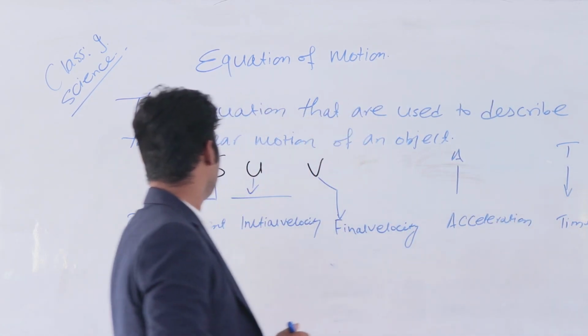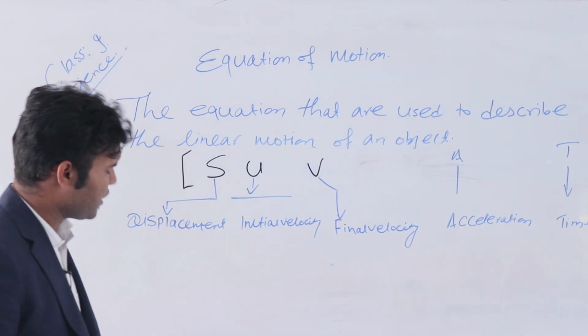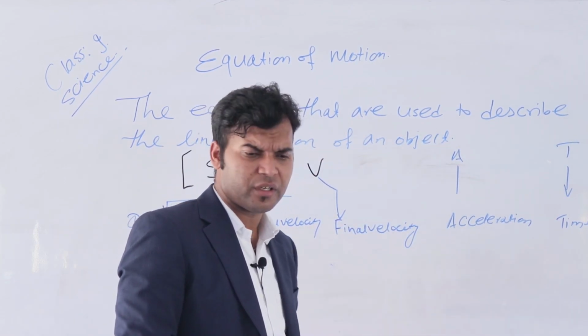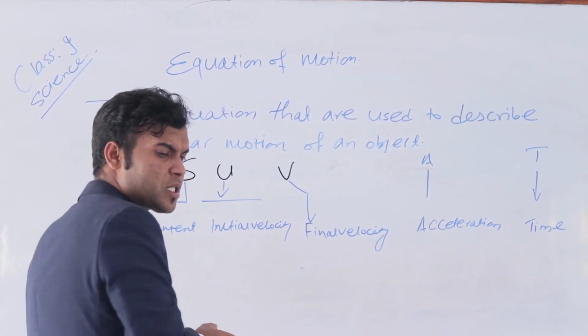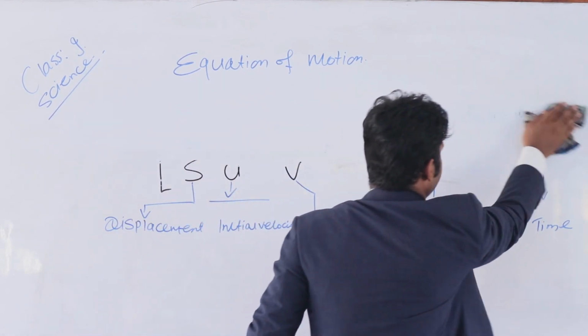You are clear? S means displacement or distance, U means initial velocity, V means final velocity, A means acceleration and T means time period. Now we turn to the first equation of motion.